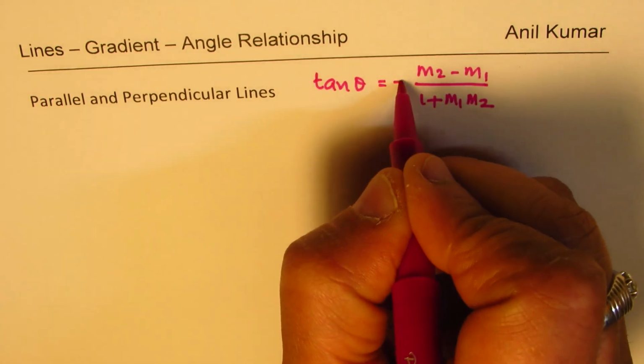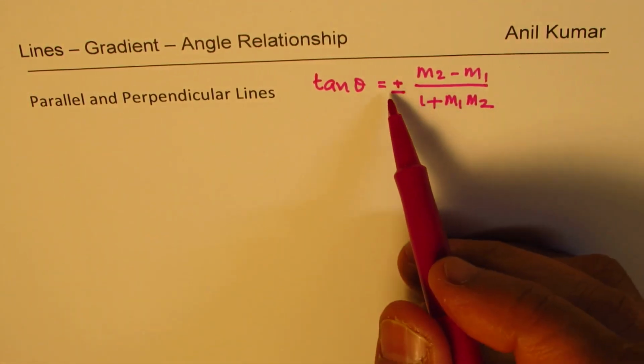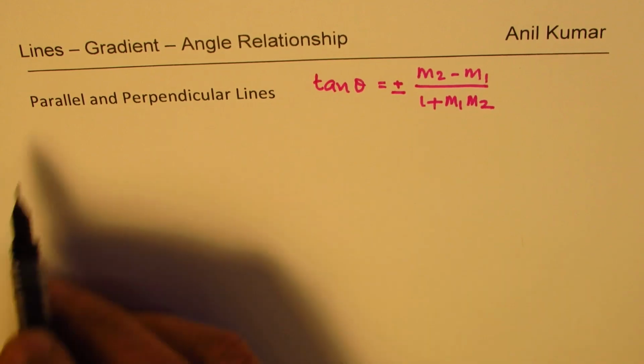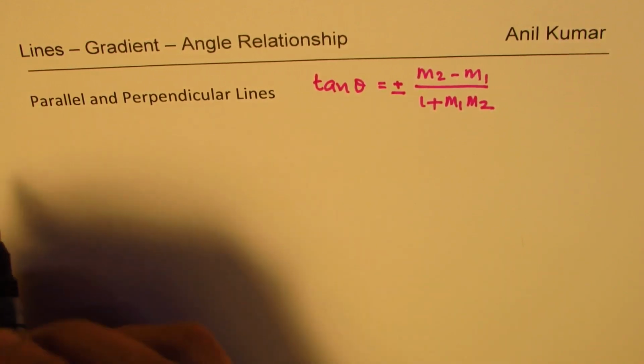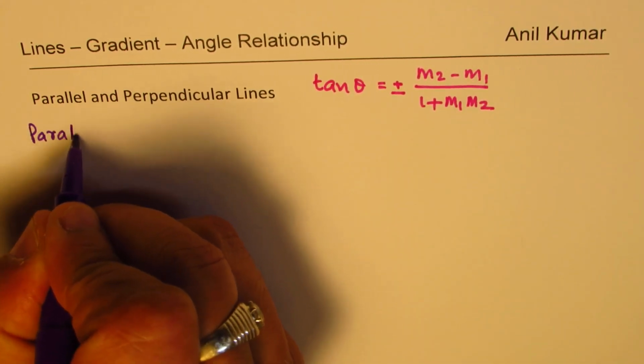We have seen that the angle could be plus or minus since we are considering the acute angle or the obtuse angle. Both are the right angles, correct? Okay. Now let us consider the cases. When are they parallel and when are they perpendicular, right? So case 1, let's talk about parallel lines.